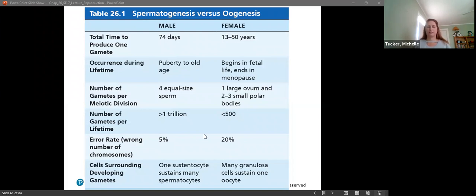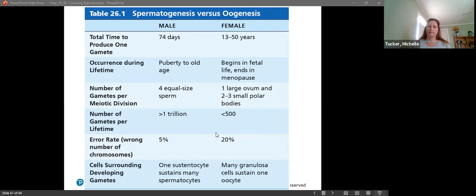This is also interesting. The error rate, the wrong number of chromosomes, is much lower in males. The Sertoli cells can sense when a sperm is not properly formed, and they phagocytize it. So they tend to not move along into that maturation process. Females have a much higher error rate.